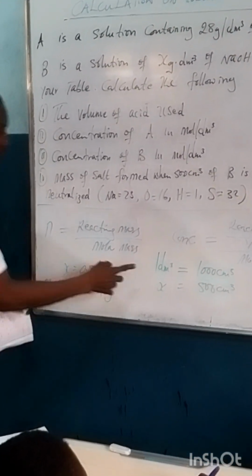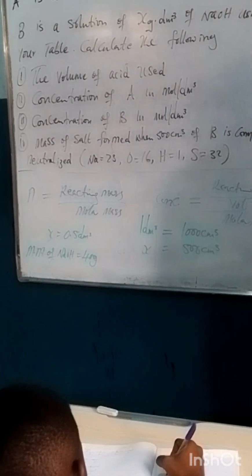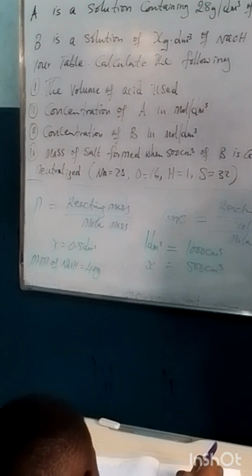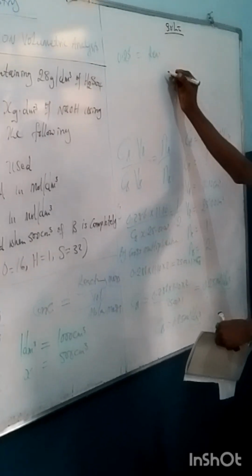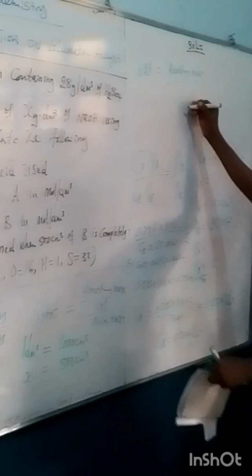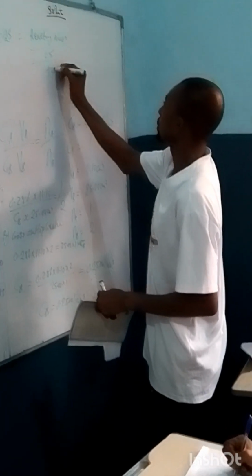So if we substitute these values into this equation, we are going to have the reacting mass, which is what we are looking for. Let me make the reacting mass the subject of the formula. Concentration 0.25 is equal to the reacting mass over the volume, which is 0.5, over the molar mass, which is 40.